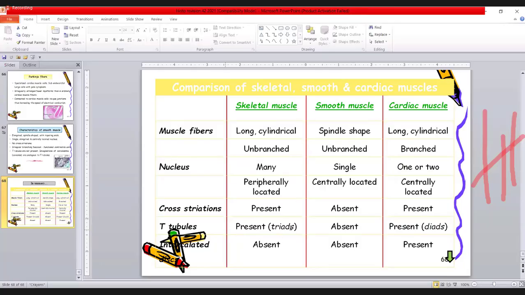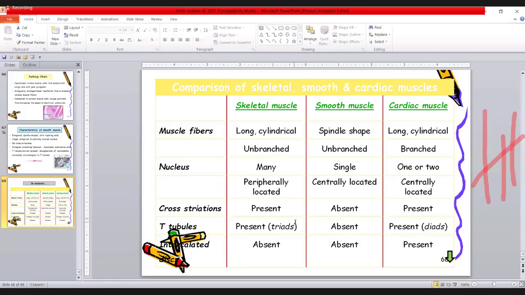Then the T-tubules. Anyone knows about T-tubules? You haven't heard about T-tubules? What are they? Near the sarcolemma. What is arranged as T? From the sarcoplasmic reticulum.